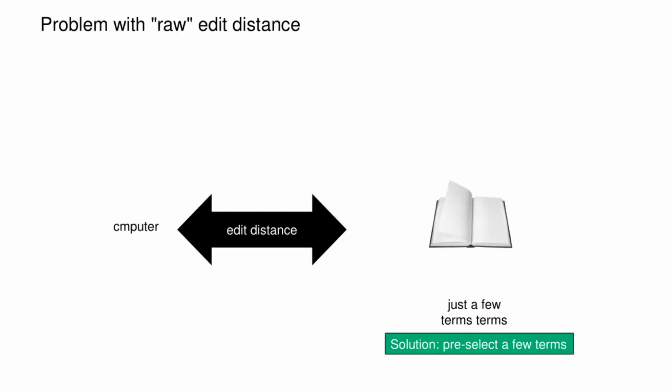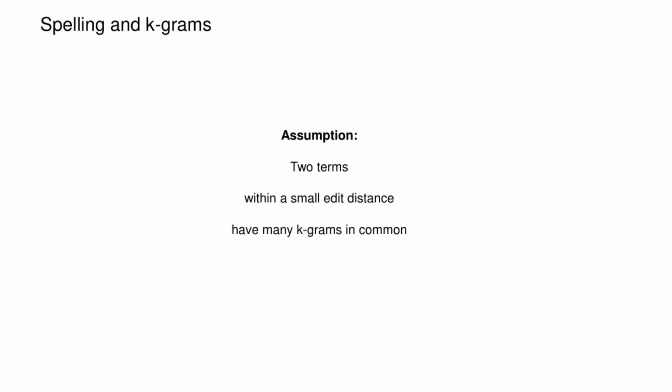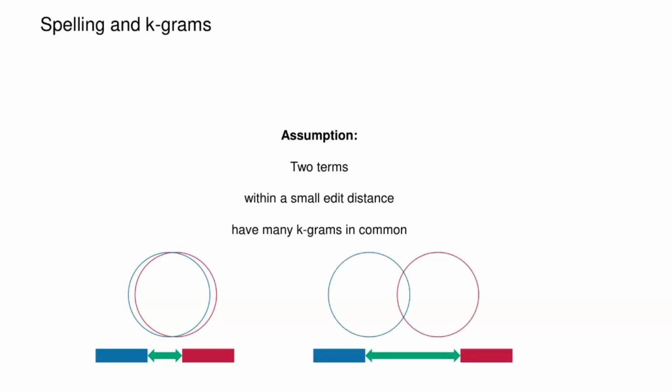And what we can do is pre-select some terms for which we can compute that distance. So not all of them, but pre-select them. And guess what? We are going to be using k-grams for that, the k-grams that we've seen before. The idea is that we are going to look at the k-grams of our query, and the k-grams of the words that we have in our vocabulary, and look at the Venn diagram of these k-grams, right?